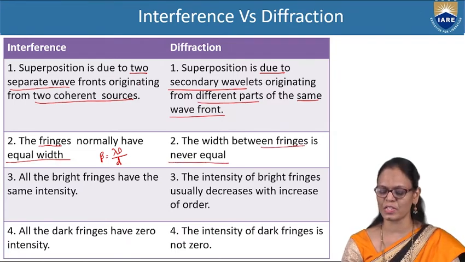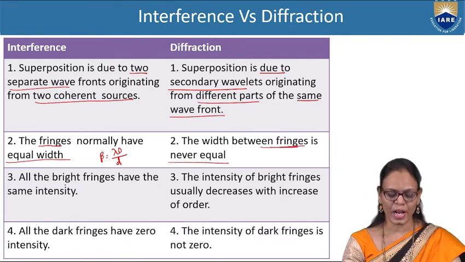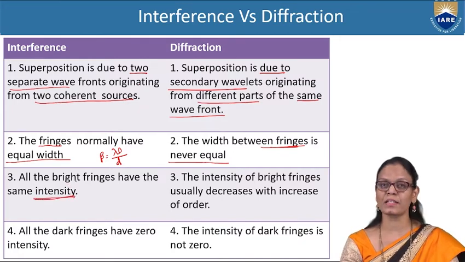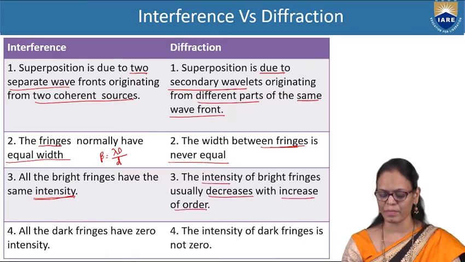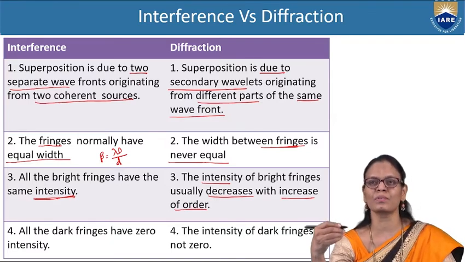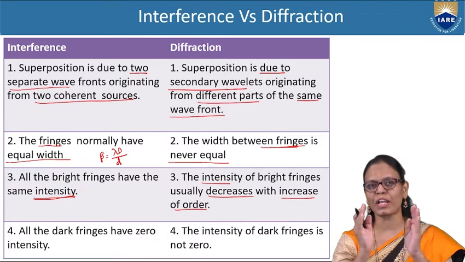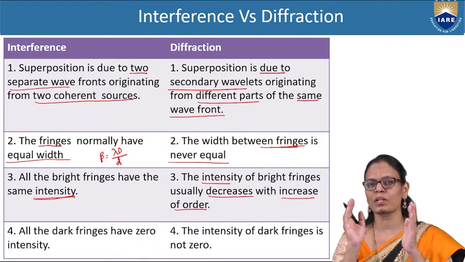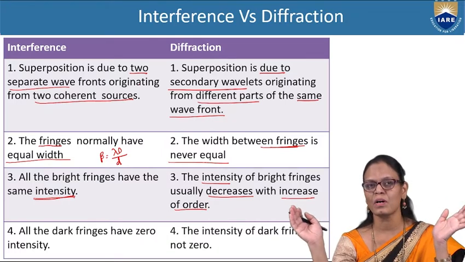And in interference, all the bright fringes have the same intensity. But here the intensity decreases with increase in order. Means as the order of the fringe increases, n is equal to 1, 2 and so on, as we go away from the central fringe, the intensity goes on decreasing.